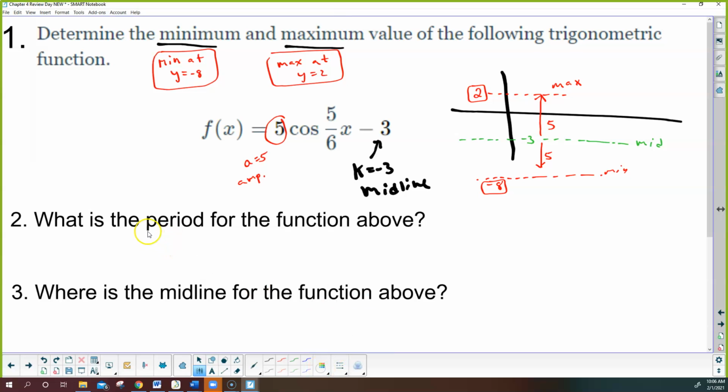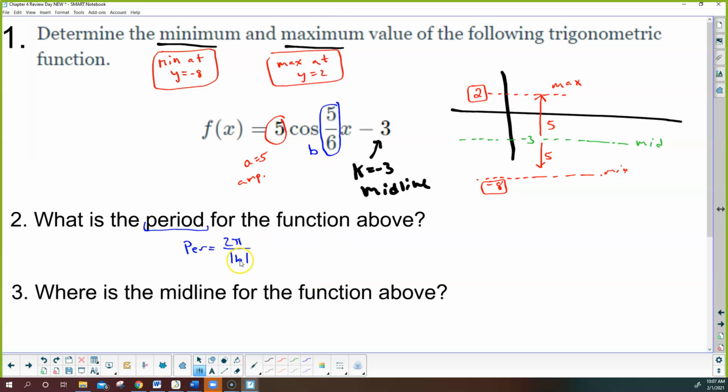All right, the second one, what's the period? Well, the period is based off of the b value, and the b value is the number in front of the x. Okay, and we know, because this is a cosine function, that the period is equal to 2 pi over the absolute value of b. That's the equation that we need.